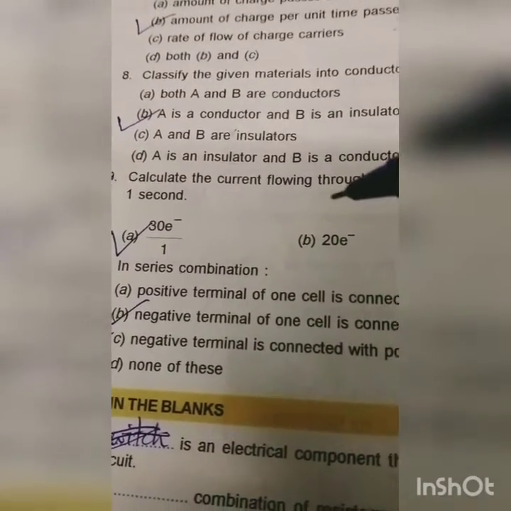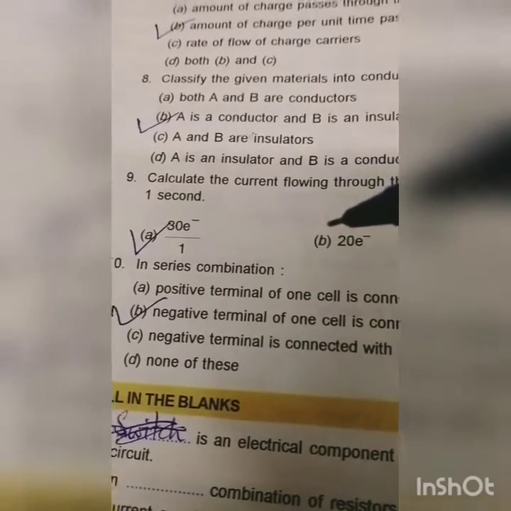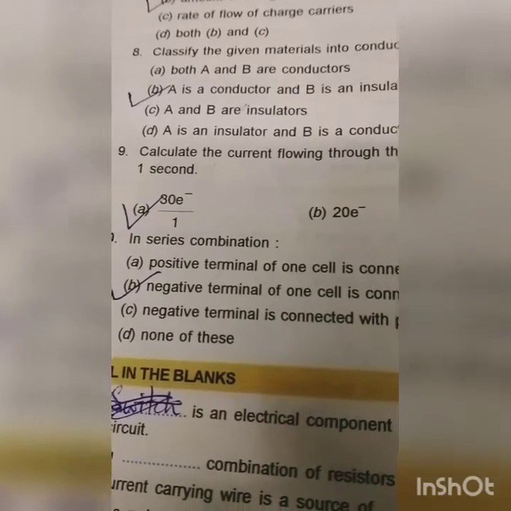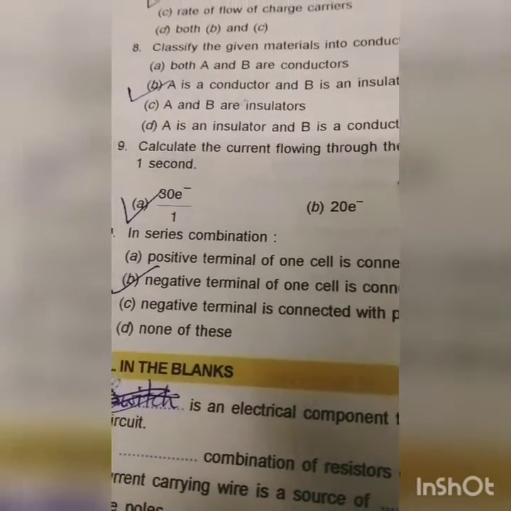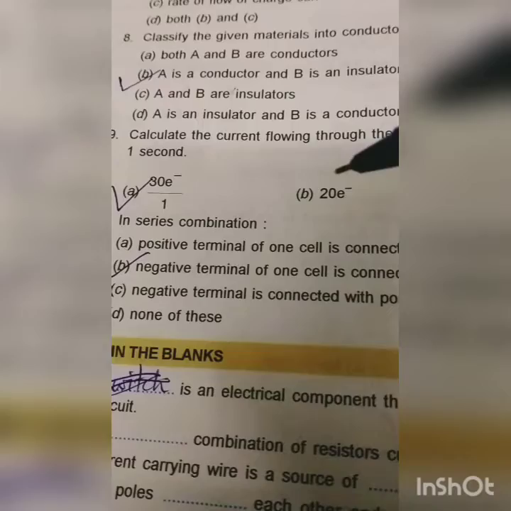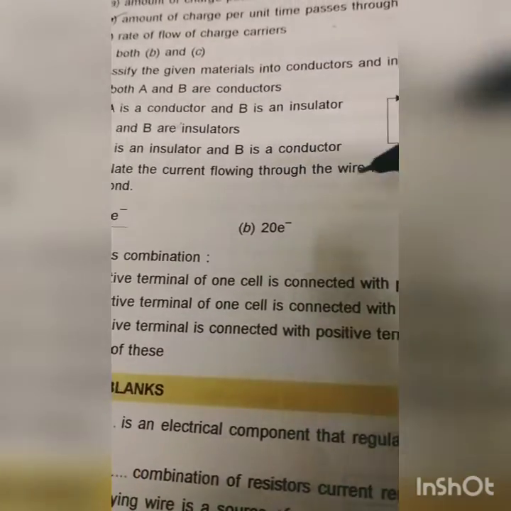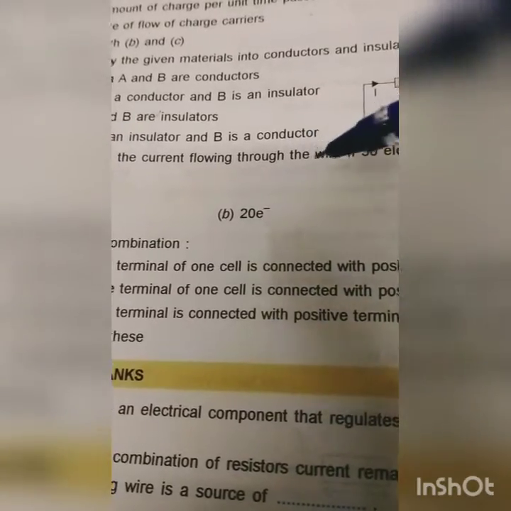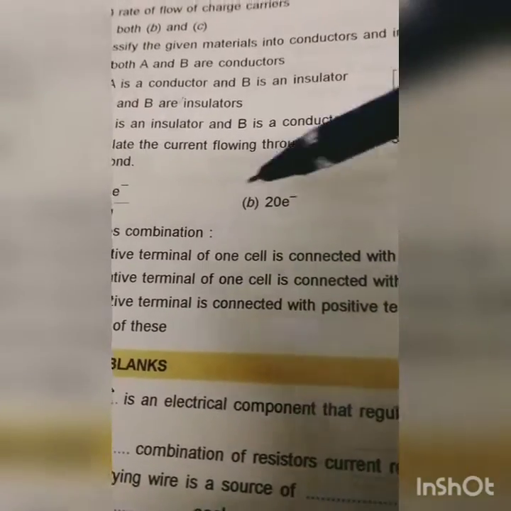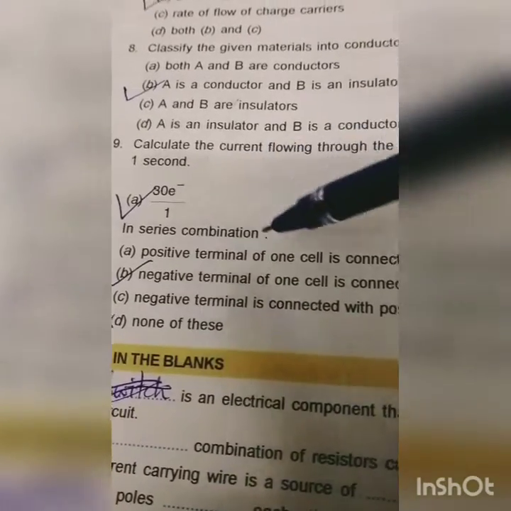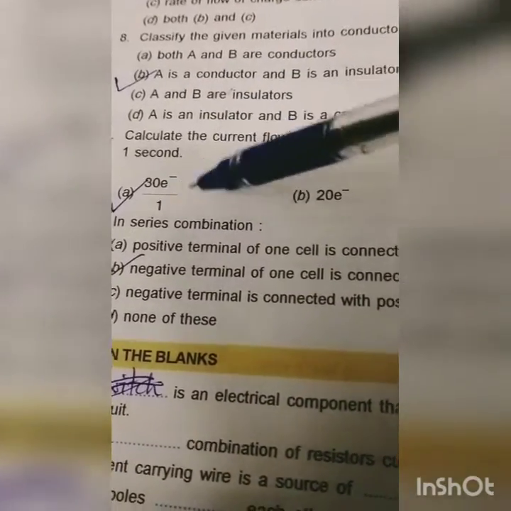So the current means the electric charge flowing through a cross section per unit time. So time is 1 second, unit time, you know, and charge is how much? So an electron has a certain fixed charge. Okay, you will come to know it later, or you can find it yourself. But it has a fixed charge.